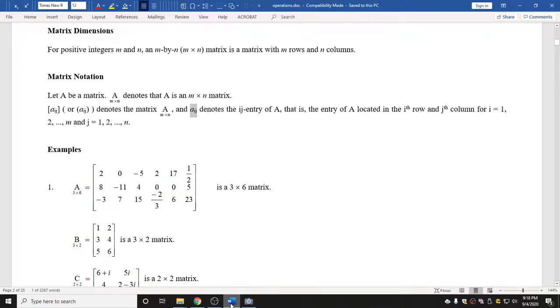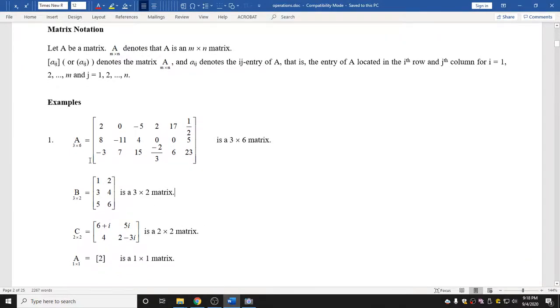Okay, let's look at these examples. A 3 by 6 is defined to be the matrix whose first row is 2, 0, negative 5, 2, 17, 1/2. Second row is 8, negative 11, 4, 0, 0, 5. And third row is negative 3, 7, 15, negative 2 over 3, 6, 23.